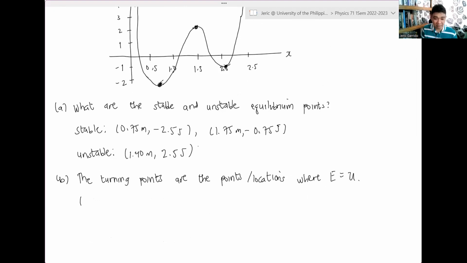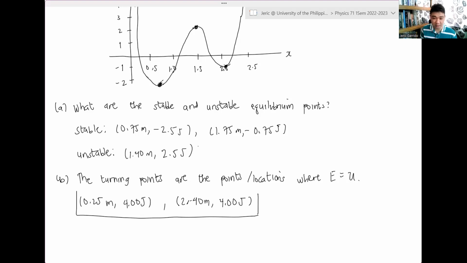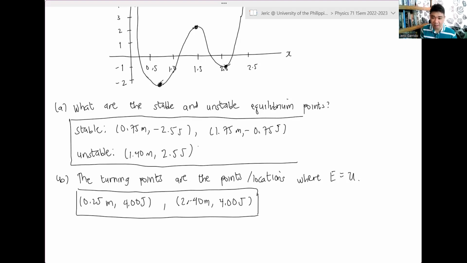Hence, you have 0.25 meters, 4.00 joules, and also 2.40 meters, 4.00 joules. So these are the two turning points of the particle, and the particle is only bound in that region. Okay, clear? May tanong sa letter B?